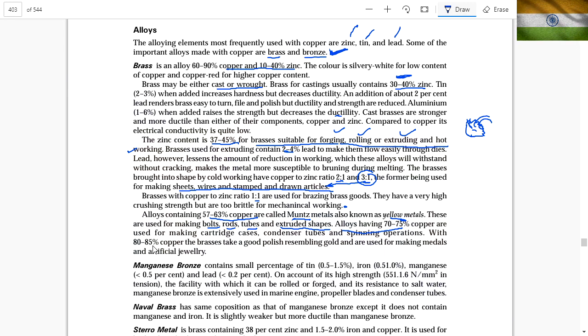With 80 to 85% copper, the brasses take a good polish, resembling gold, and are used for making pendants and artificial jewelry. So your artificial jewelry is what your 80 to 85% copper brass is.